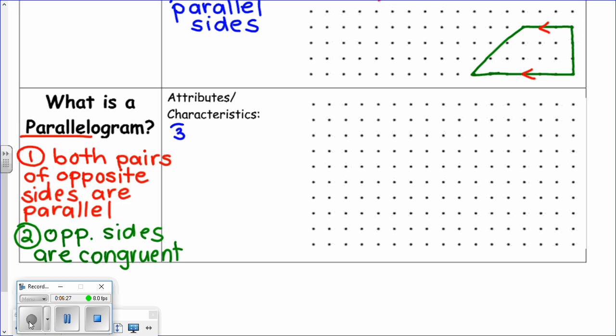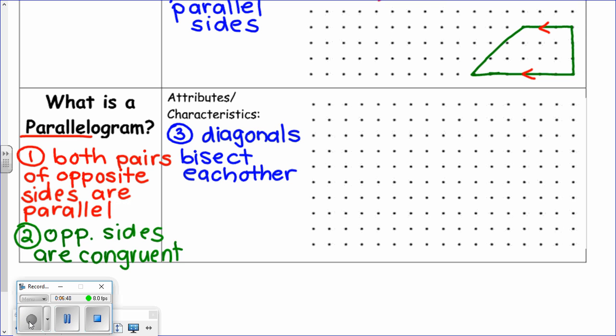And the third thing I want you to write down, which we'll draw in our pictures, is that the diagonals of our shape, the diagonals are just the lines that we draw through the center of the shape, so connecting one angle to another angle across the shape. Those diagonals do something called bisect each other. If you're not familiar with this word bisect, you've probably heard the beginning part of that word, bi, like in the word bicycle.